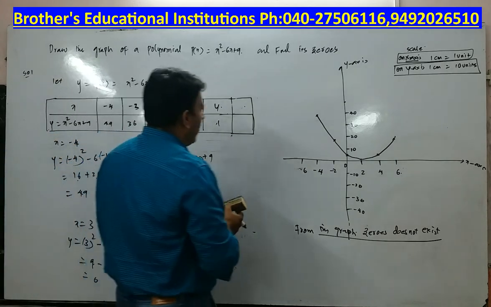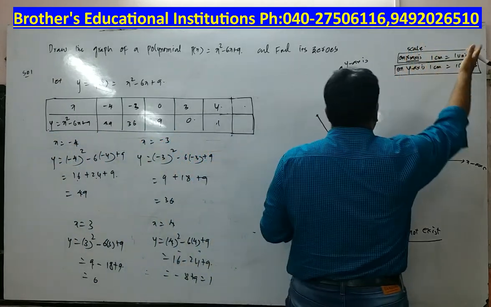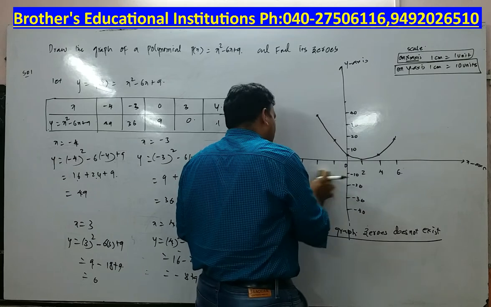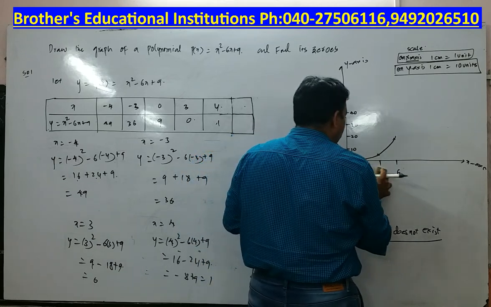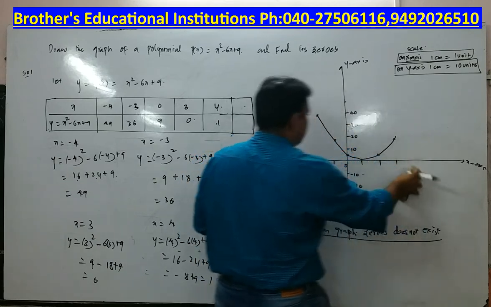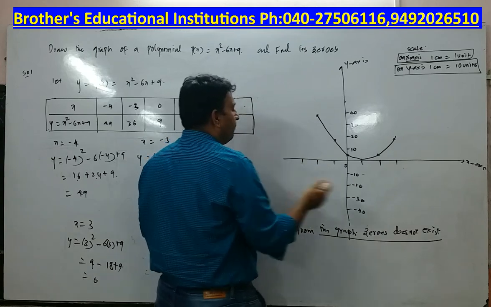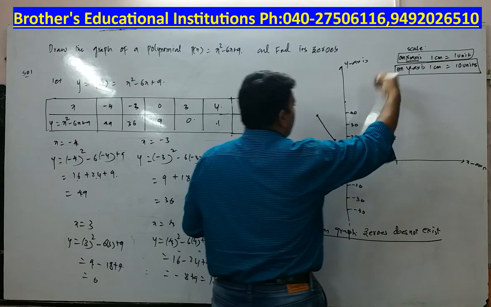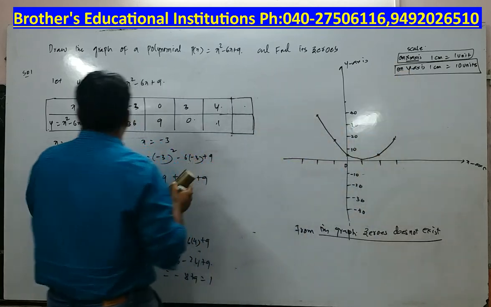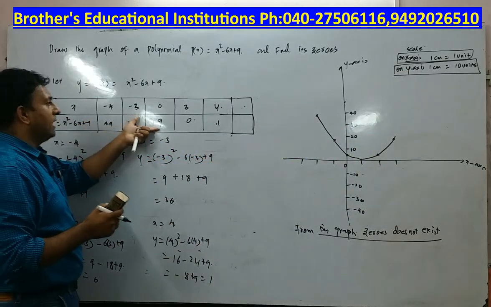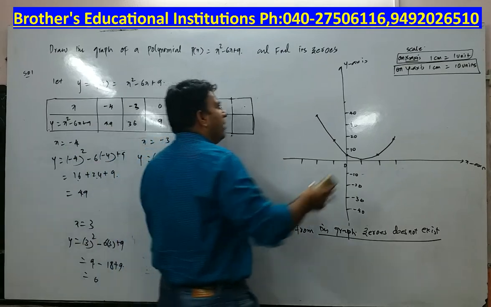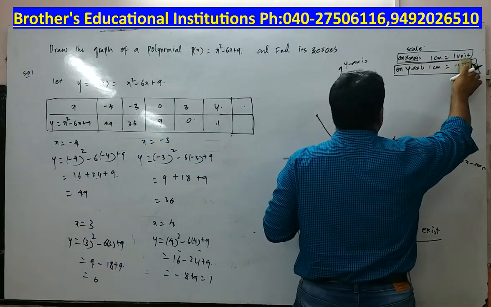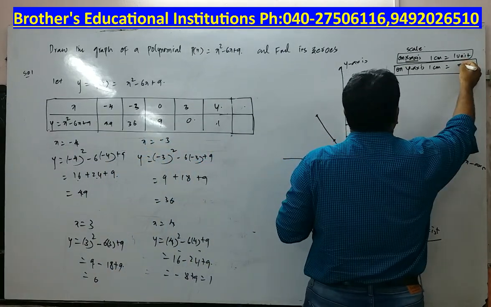Again, what scale do I take here? I will take 1 centimeter is equal to 1 unit on x-axis. And for y, as I have 49, 36, 9, 0 and 1, this time I will take 1 centimeter is equal to 5 units.